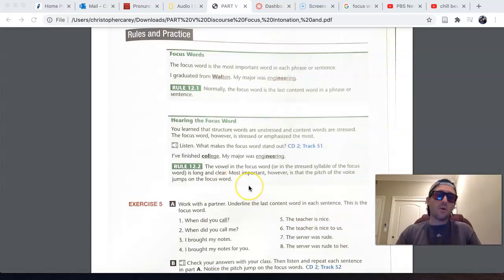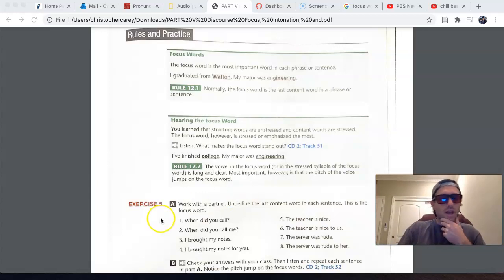Most importantly, however, the pitch of the voice is much higher. It jumps or rises when we pronounce that word. So not only is the vowel sound of the focus word longer and clearer, but the pitch, the volume, if you will, is higher in the focus word.